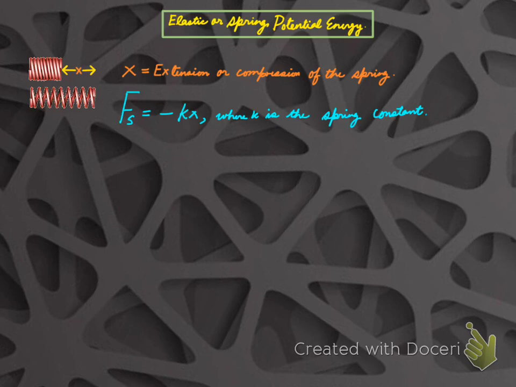Now, what does a spring constant mean? Well, the stronger or stiffer the spring, the more it will pull back when it is deformed, as in either extended or compressed. So strong springs will need a stronger force to pull them out.